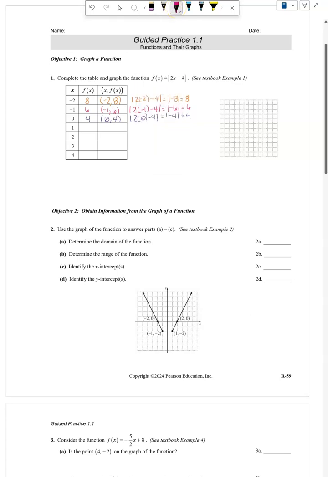Now we have 1: absolute value of 2 times 1 minus 4. Oh, that's absolute value, not a parenthesis, sorry. So that's going to equal absolute value of -2, which equals 2.